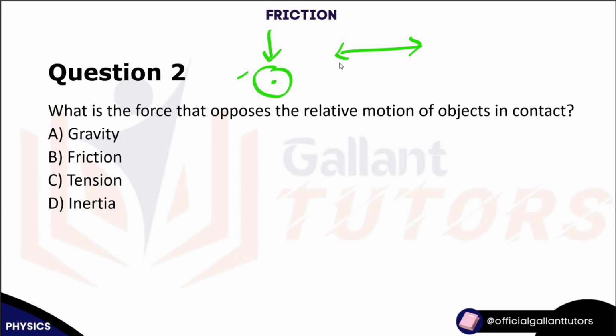So tension can be found in any material experiencing a what? A force, right? Inertia is the state or the ability of an object to continue to remain at what? At rest. So in this part now, friction is what? Correct, because of the words oppose, relative motion, objects in contact.